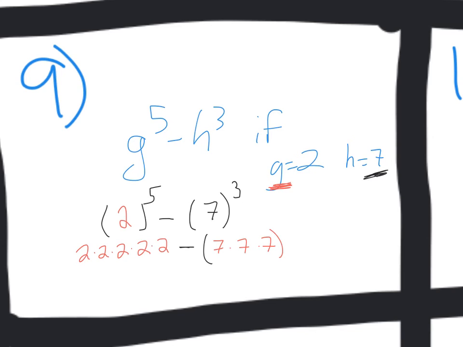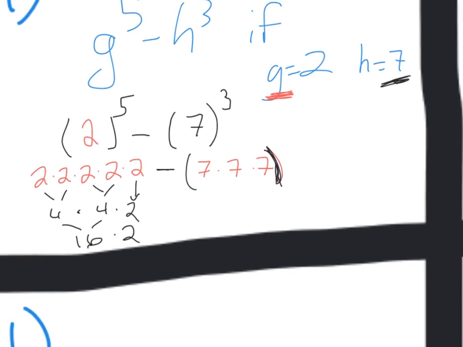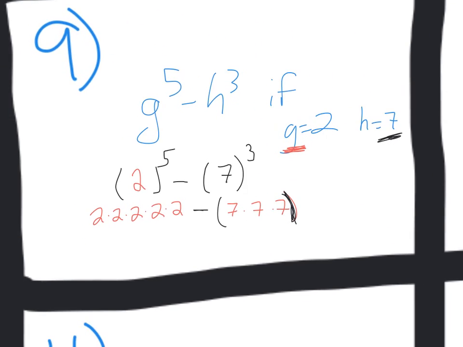So 2 times 2 times 2 times 2 times 2 is going to be 4 times 4 times 2, which eventually gets us 16 times 2, and we know that is the same thing as just writing 32.